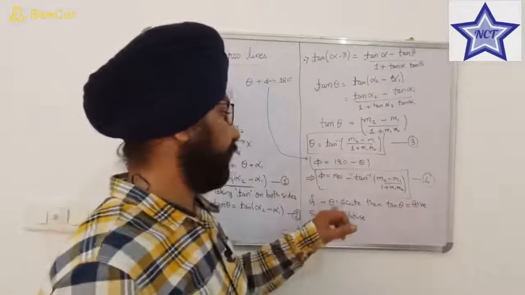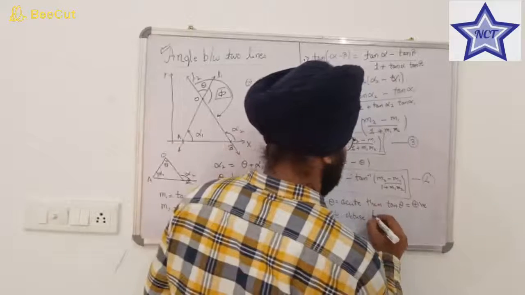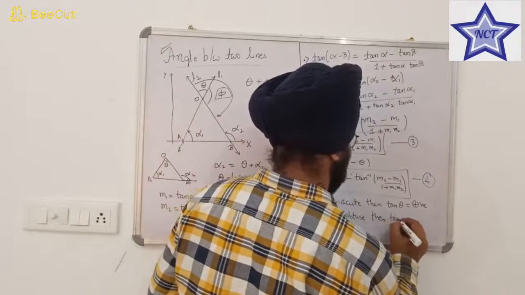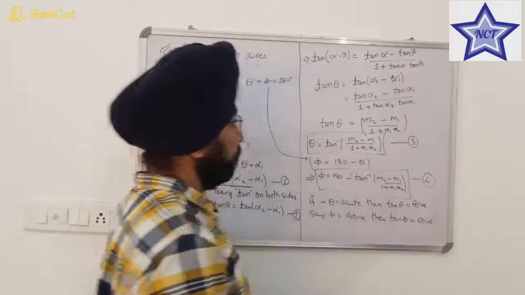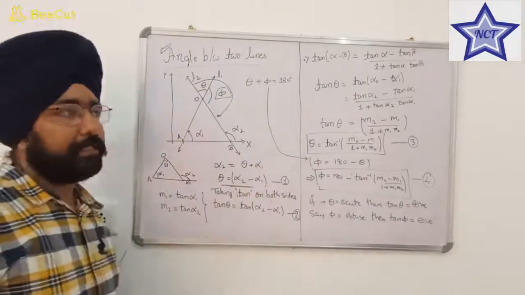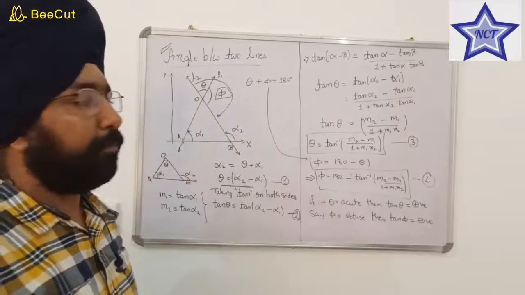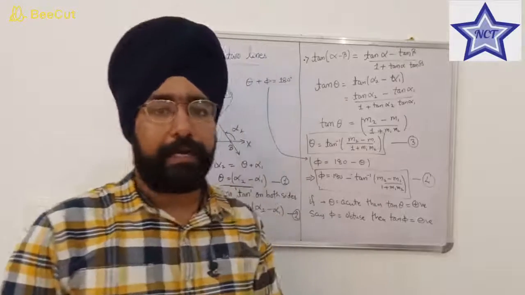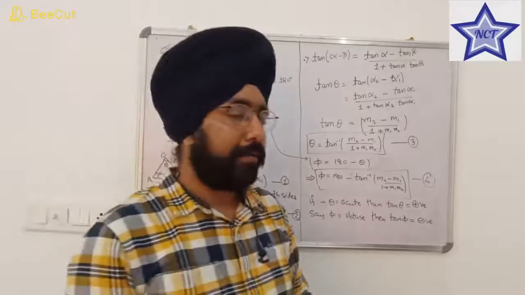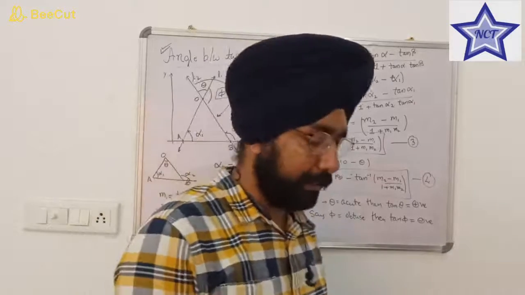If theta is acute, then 180 minus theta will be obtuse, and then tan of phi will be negative. So angle between two lines can be written as theta equals tan inverse of m2 minus m1 upon 1 plus m1 m2, and also as phi, that is 180 minus theta.